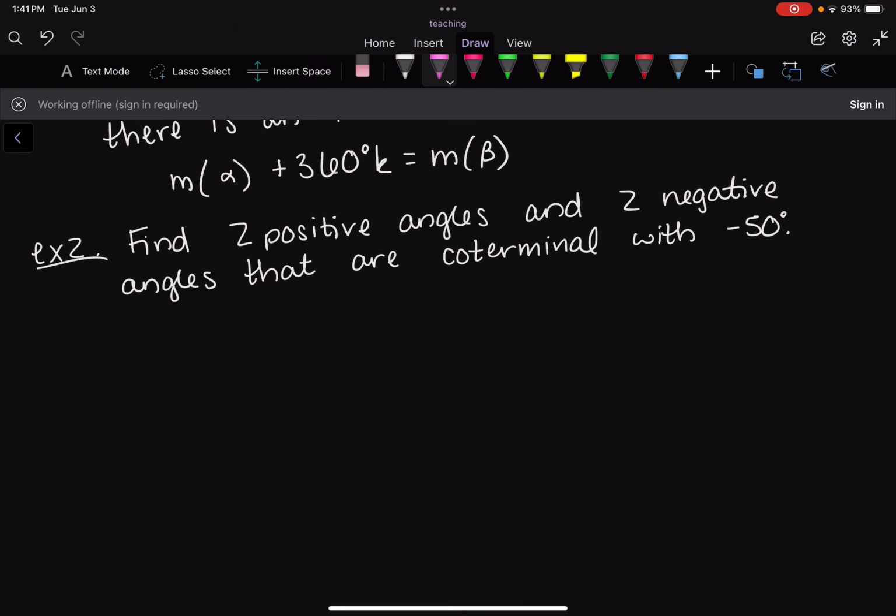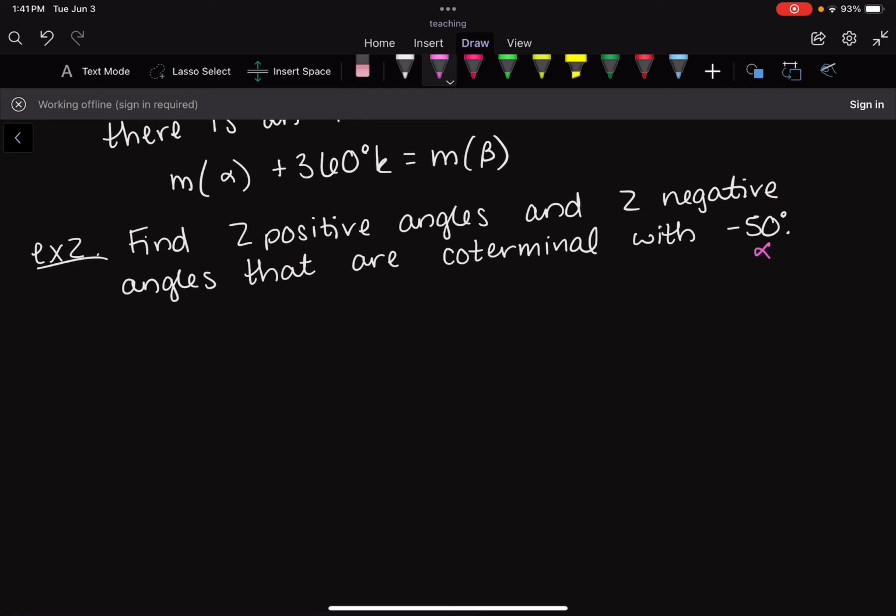So yes, we could use the whole formula. I could call this alpha and plug it in. It feels a little too much like plugging in and just trying to memorize something. It doesn't really show you what coterminal is doing. Coterminal just says add or subtract 360. That's honestly all it says.